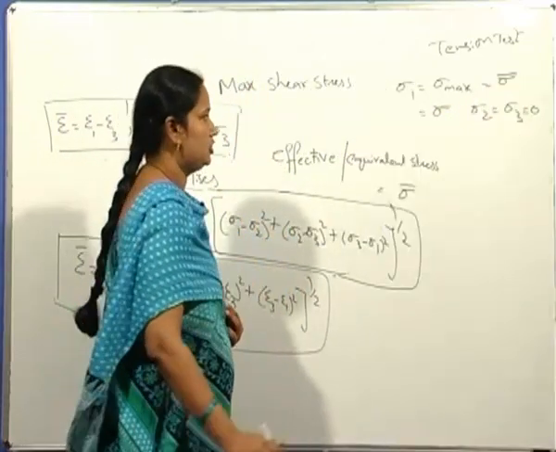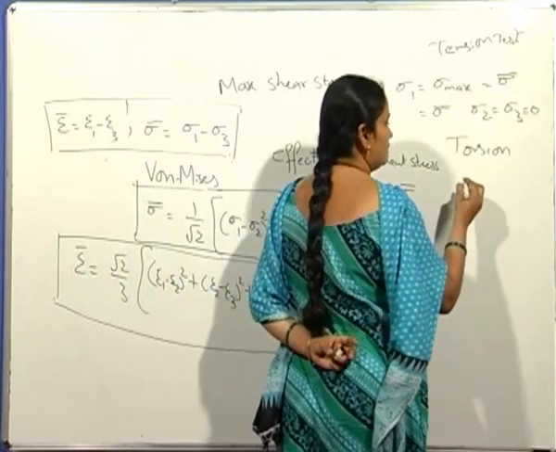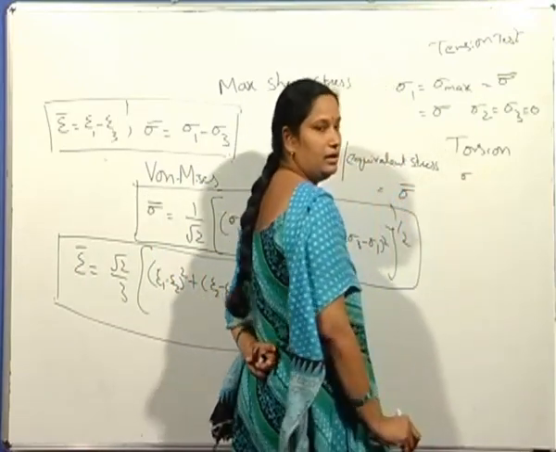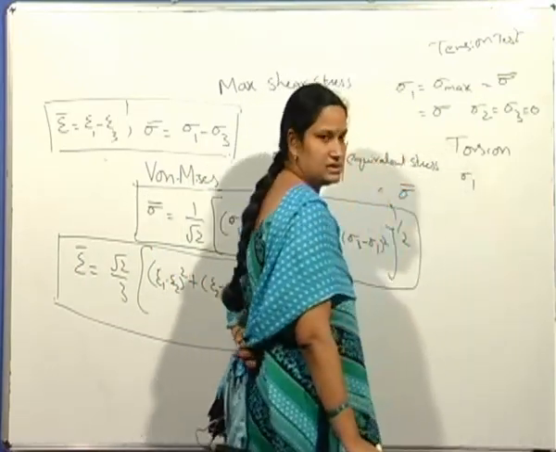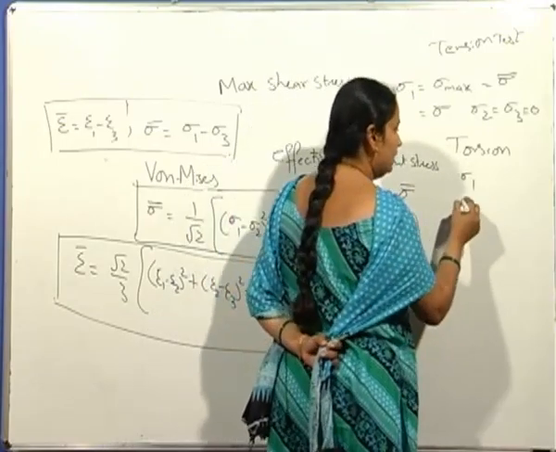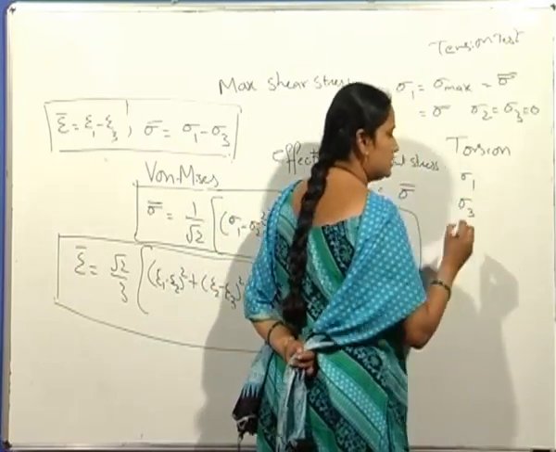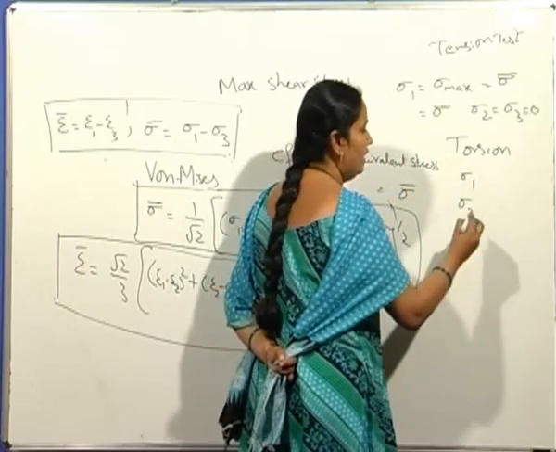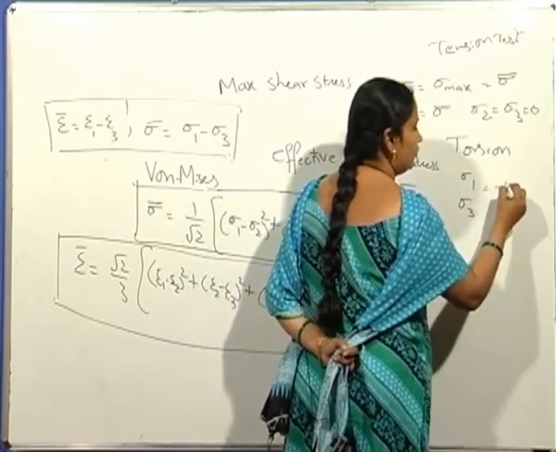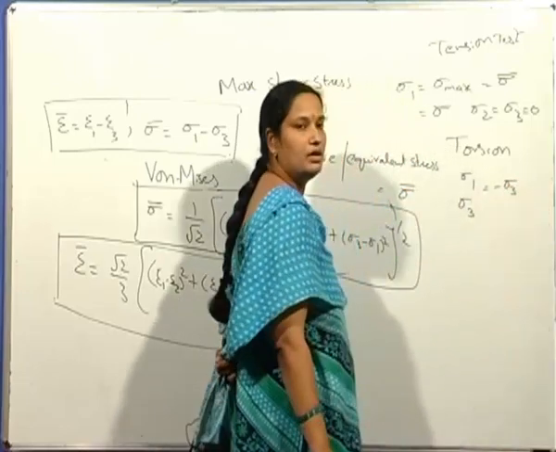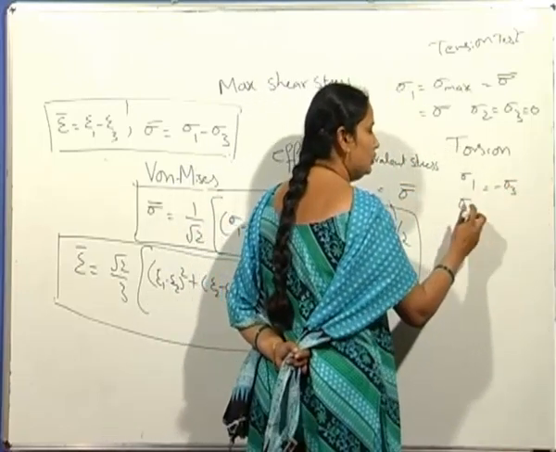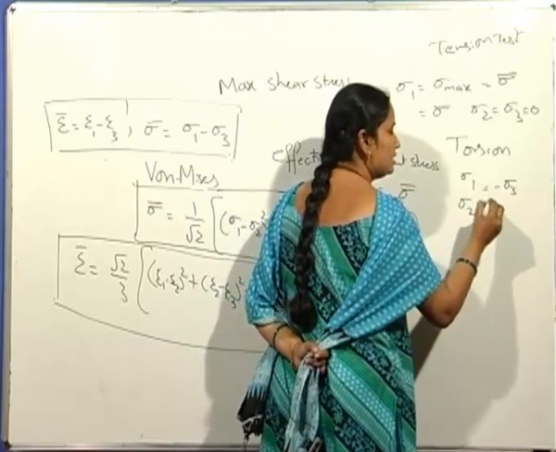For the case of torsion, the thinning caused by the normal tensile stress is countered by thickening caused by the normal compressive stress. Sigma 1 is equal to minus sigma 3, whereas sigma 2, the intermediate stress, is 0.